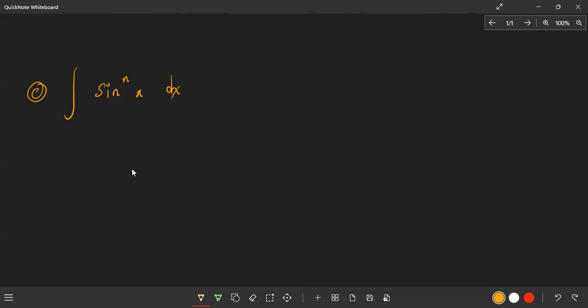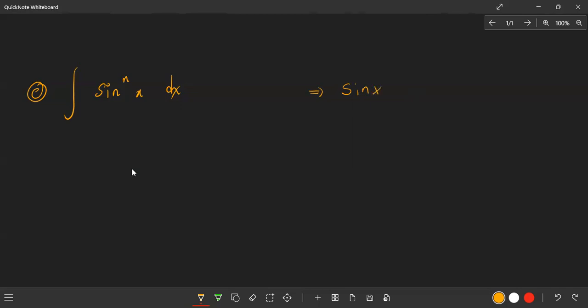So I have to write this sine^n as a product of sine functions. The only way I can do this without changing anything, remember that I can integrate sine x, so I have to multiply by sine x. So this is sine power 1, and the other one should be sine^(n-1) x. That way, if I add the powers of these two functions, I get back sine^n x.